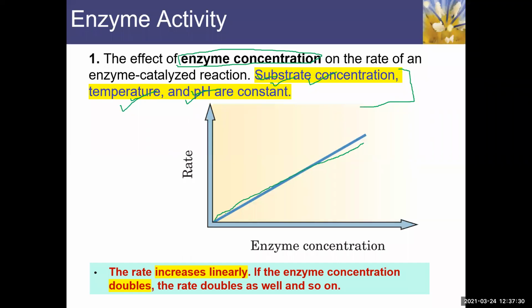The rate of reaction is directly proportional to the concentration of enzyme. The more enzyme you add, the more the velocity of the reaction increases. So the concentration of enzyme is very, very important. Did you all understand its effect when we keep other things constant?